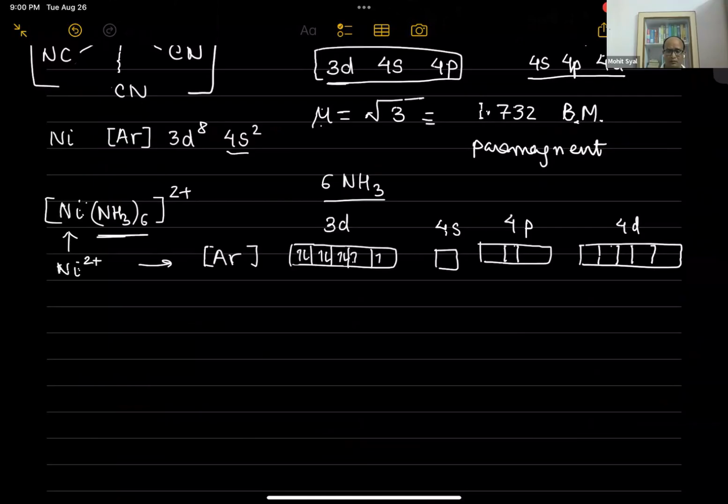Now be very careful. What do strong ligands usually do? They will pair up the unpaired electrons. So let's pair them up.